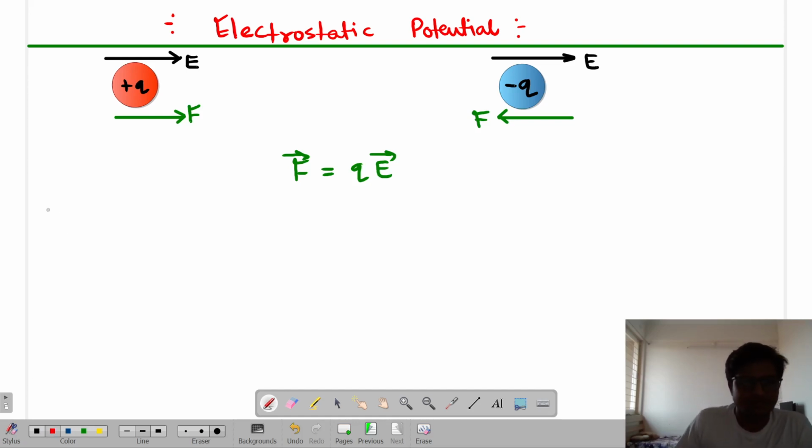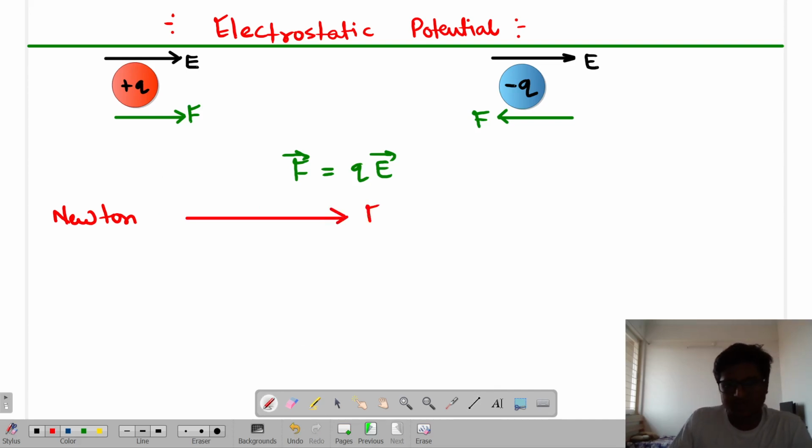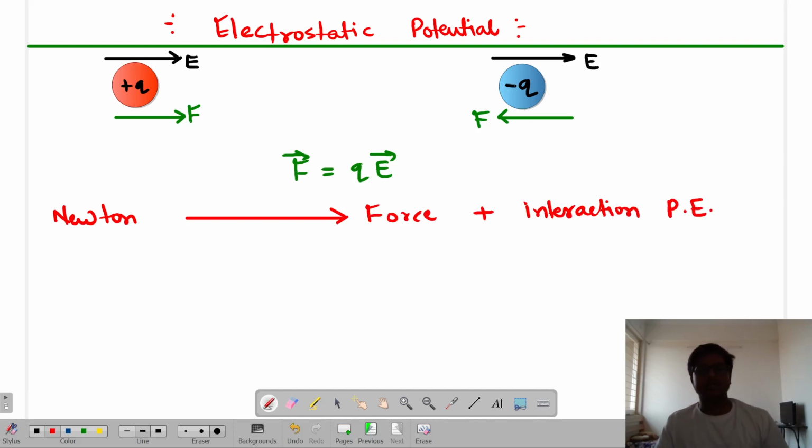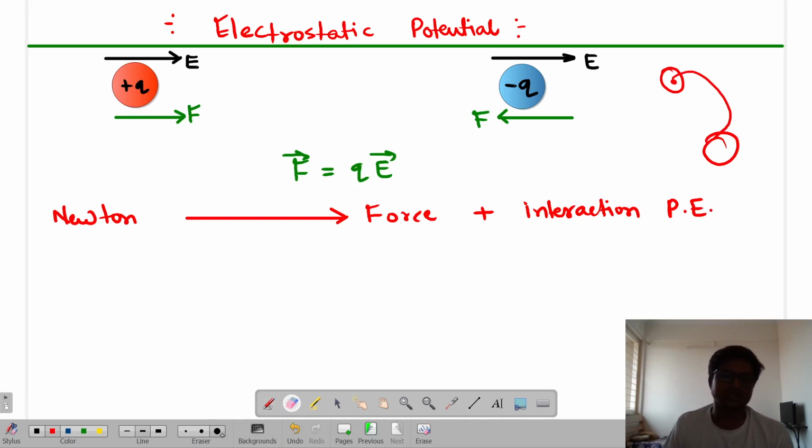So, in class 11th, we know that Newton prescribed us a force, isn't it? And Newton gave the rule that yes, we have a force, and if a force is present, then interaction potential energy is also present, isn't it? Interaction potential energy means if an object is nearer to another object, then some kind of potential energy is stored in that body.